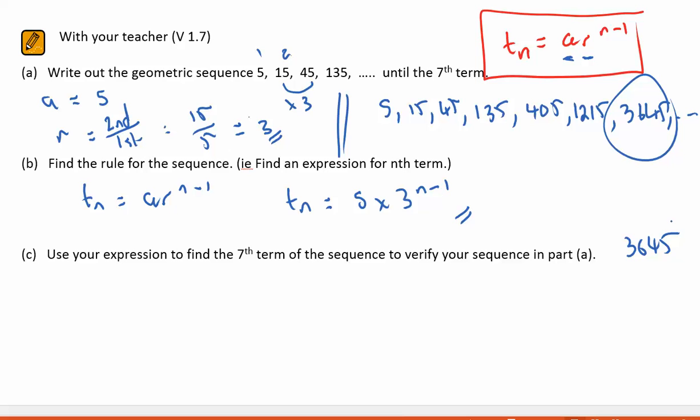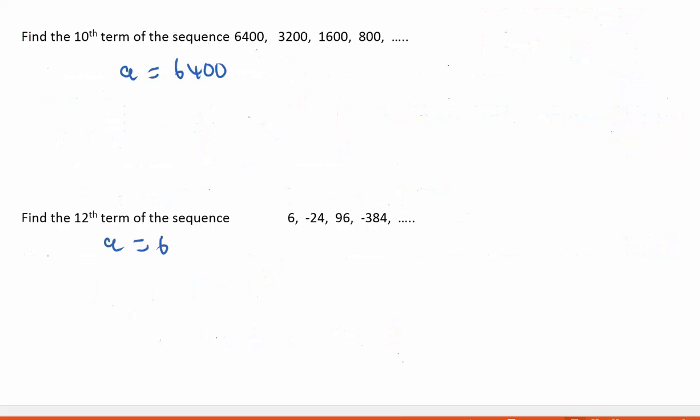Or to confirm, the 7th term is 3645. We'll plug that into the expression. And when you put that into your calculator, you will get the 3645 that we got in a.